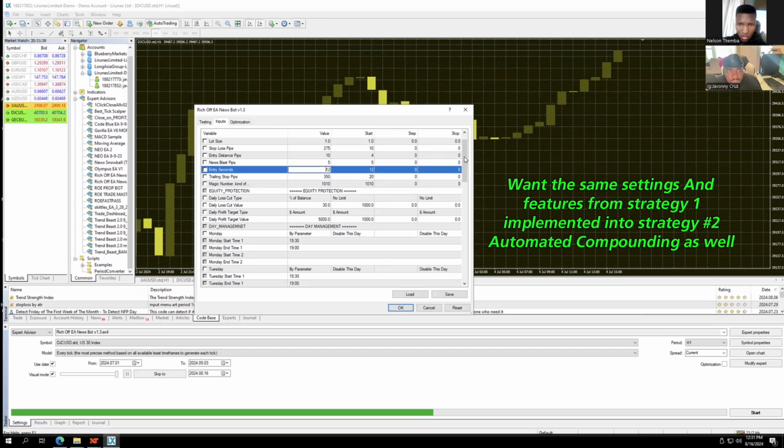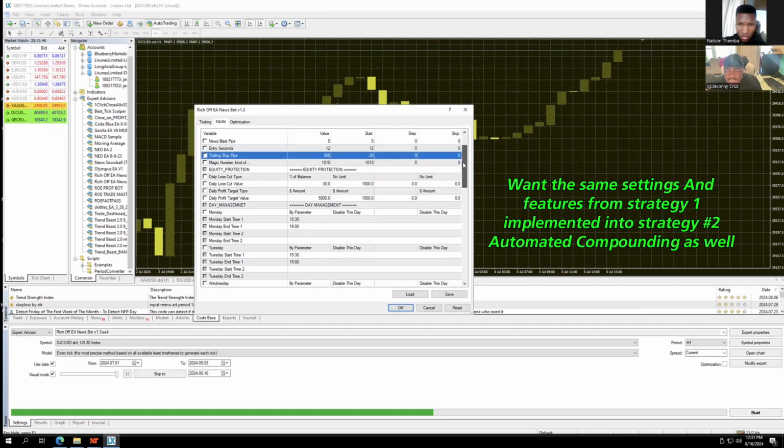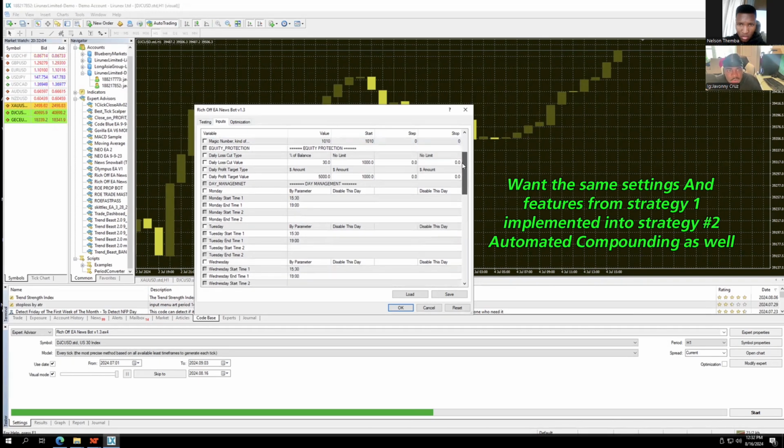Then it's trailing stop, 350 pips. Trailing works the same as the other bot, it'll trail and make sure it's still whatever number you put after that. It'll be trailing stop pips, and I want to add a trailing step. Then it's daily loss percentage for equity protection, and daily profit type.